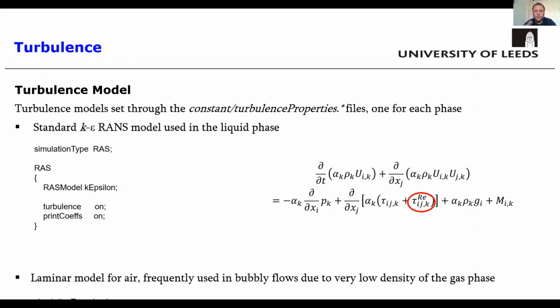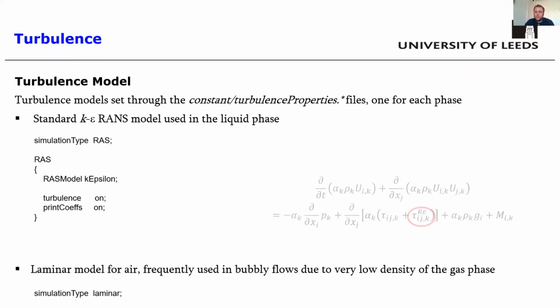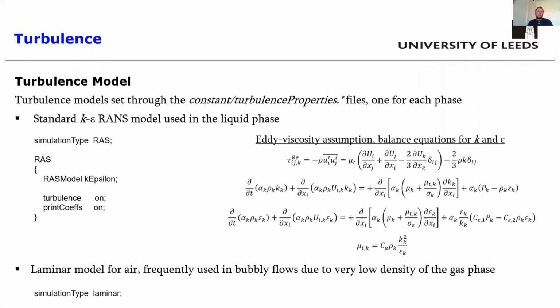So we will need to define a turbulence model for the water and the air, and different options are possible. In this case, we use a general k-epsilon model for the liquid phase, based on the eddy viscosity assumption, and we solve one equation for the turbulence kinetic energy and one equation for the turbulence dissipation rate.